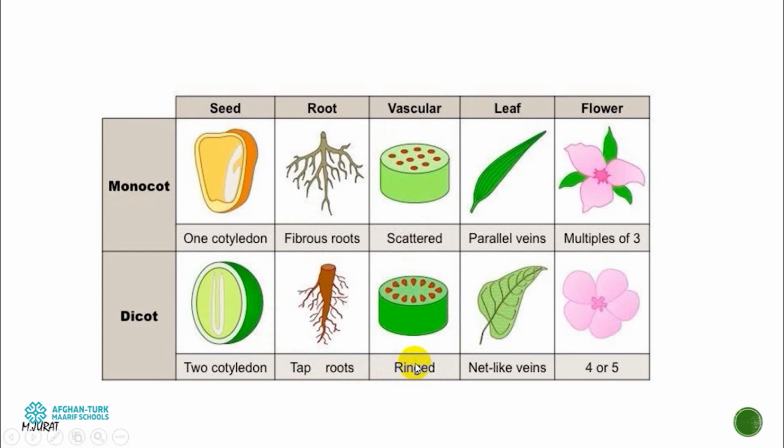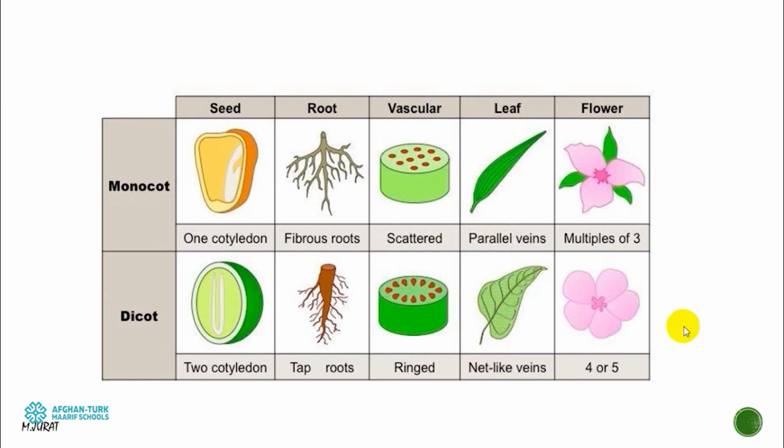But if the xylem and phloem form a ring, just on the edges of the stem, it's a dicot.